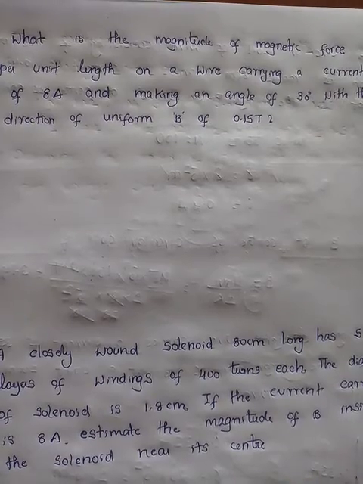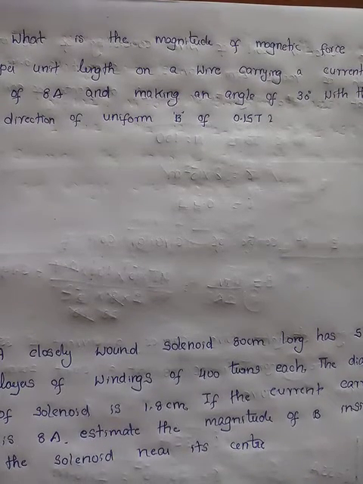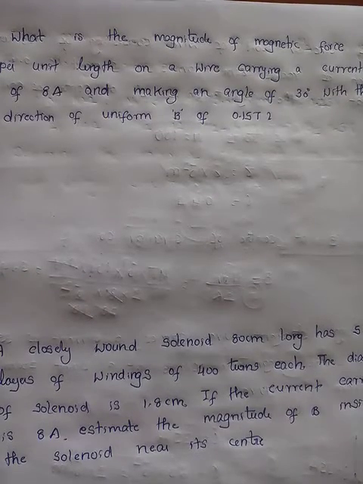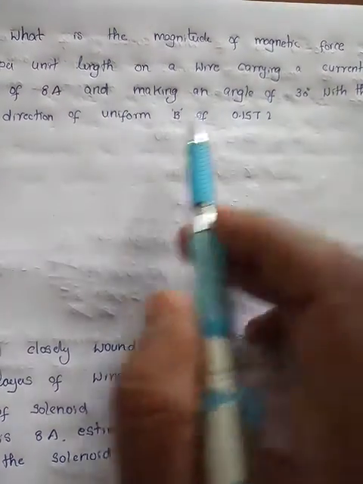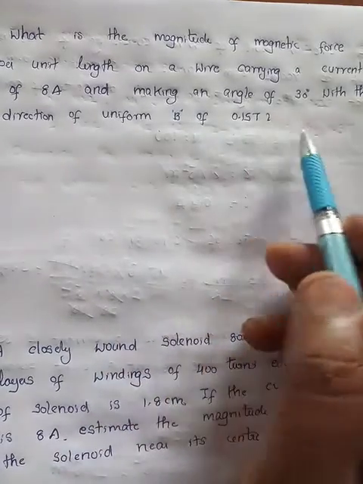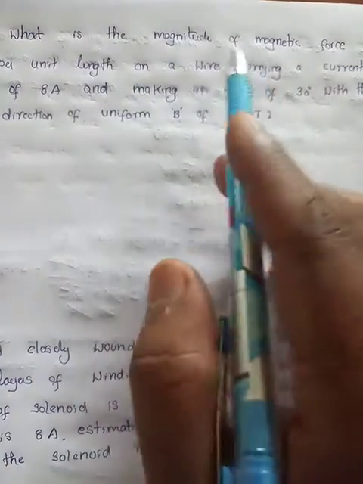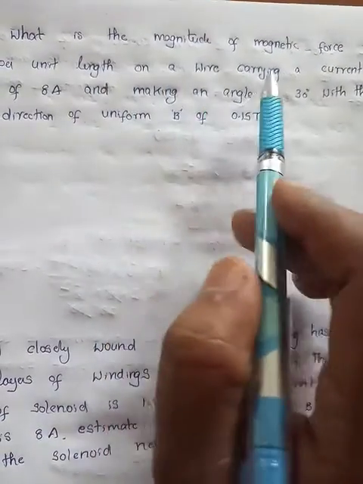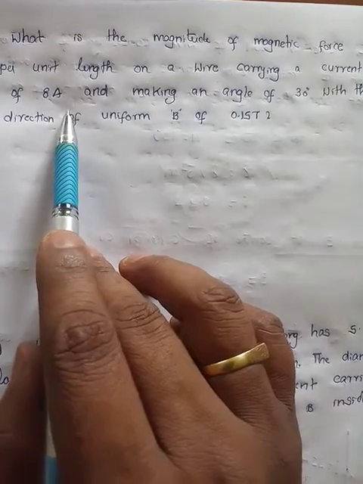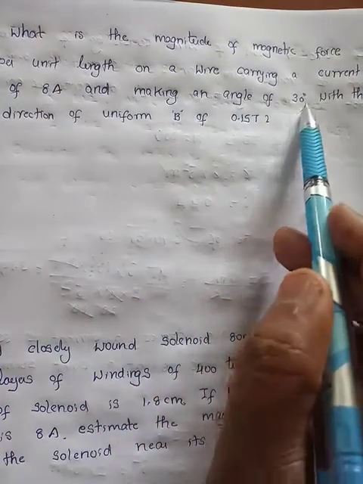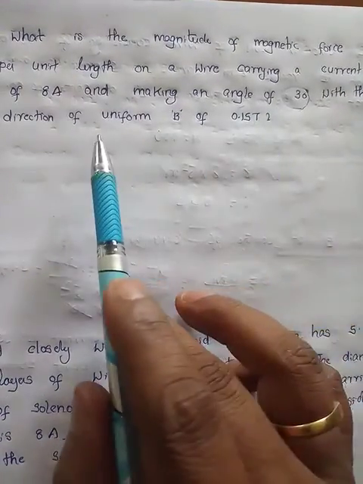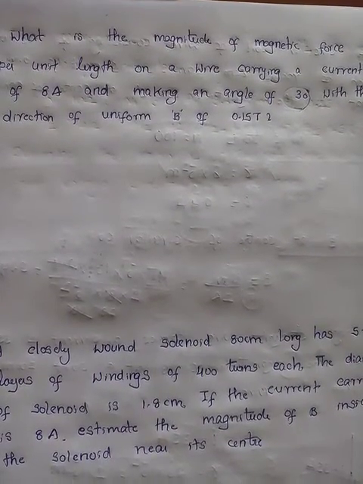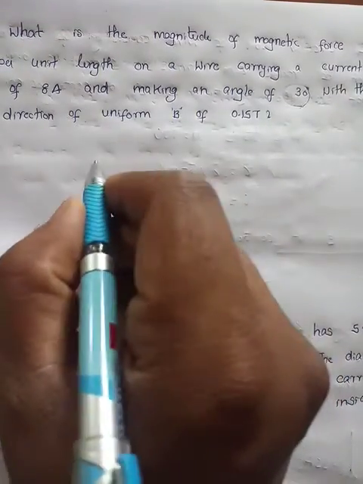What is the magnitude of magnetic force per unit length on a wire carrying a current of 8 amperes and making an angle of 30 degrees with the direction of uniform magnetic field of magnitude 0.15 Tesla?